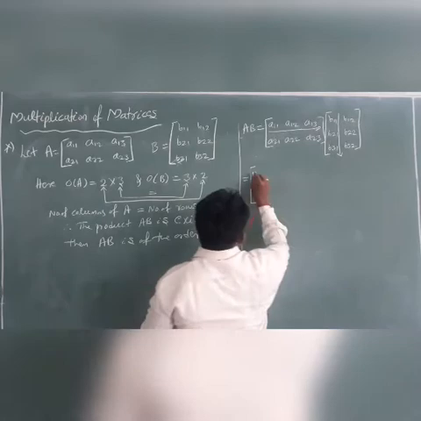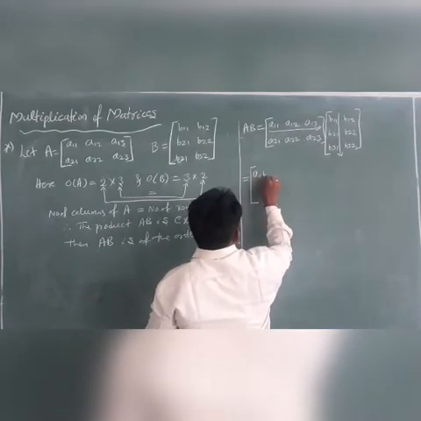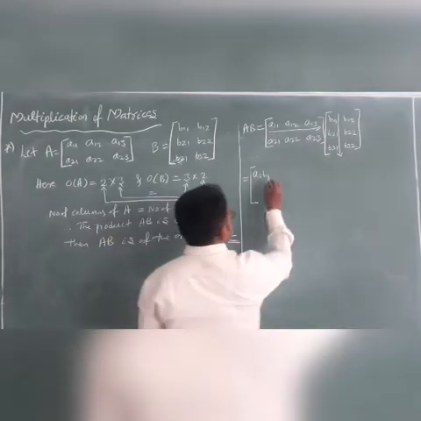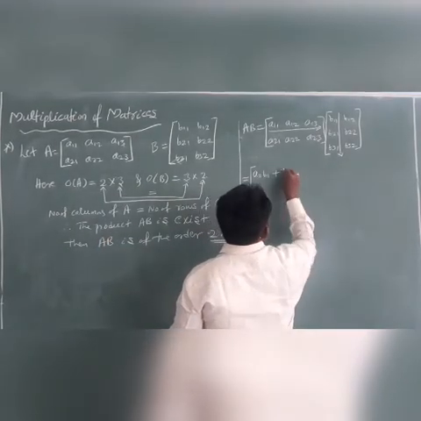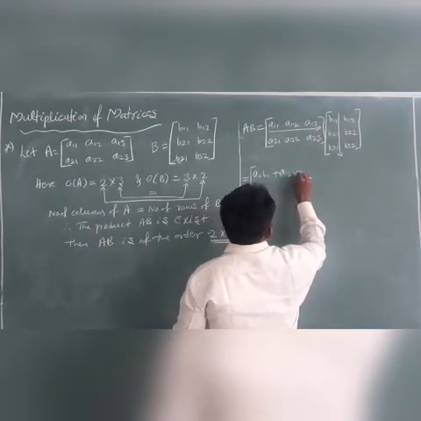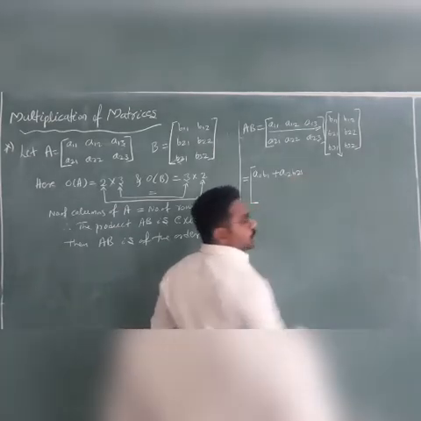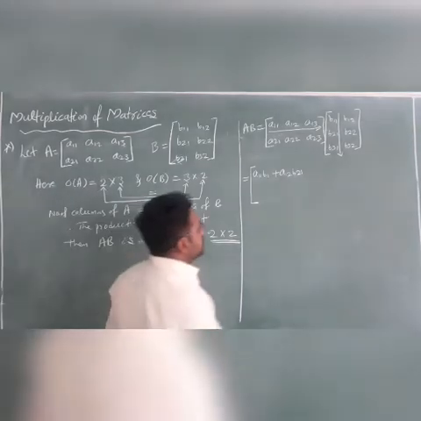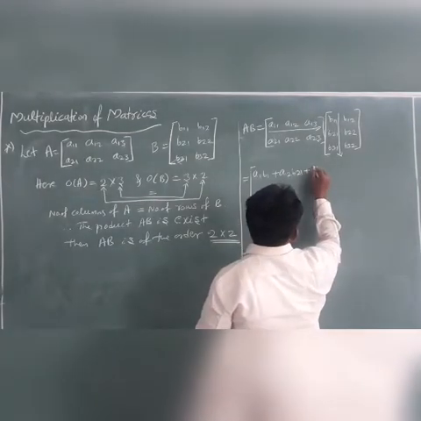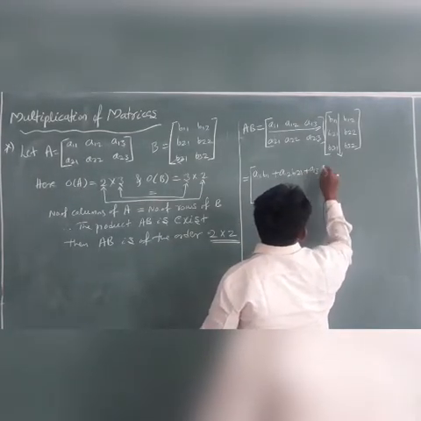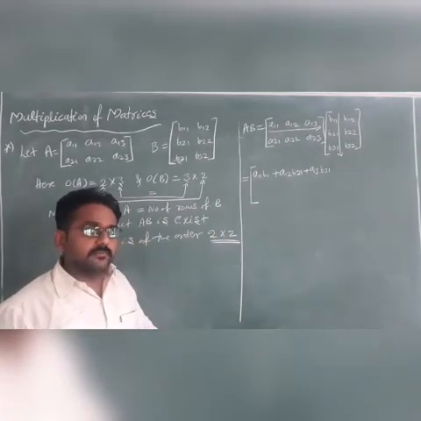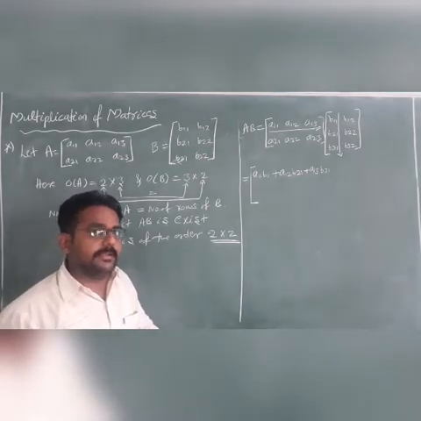A11 into B11 plus A12 into B21 plus A13 into B31. This is the first row, first column element.